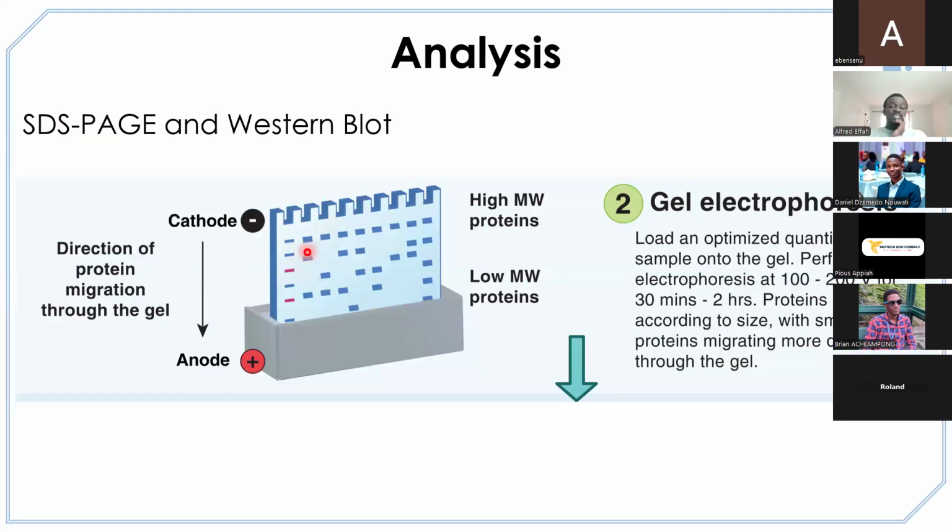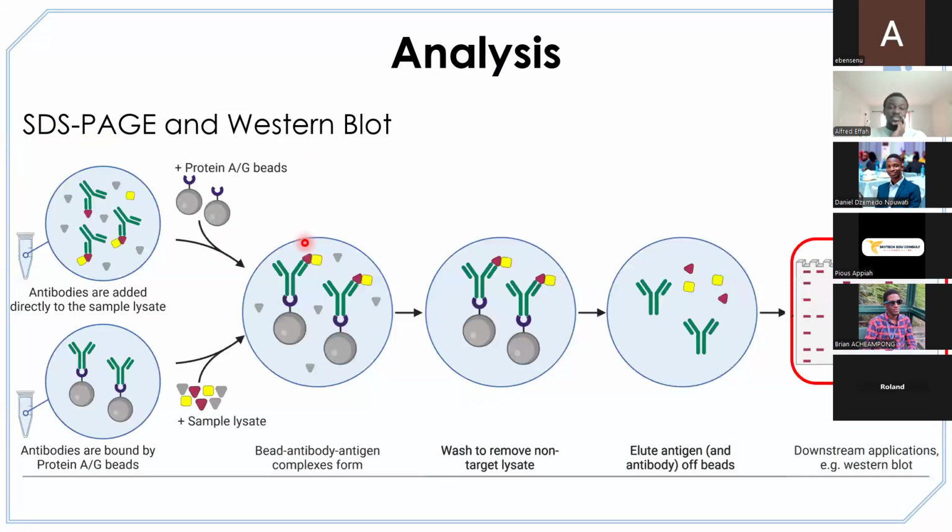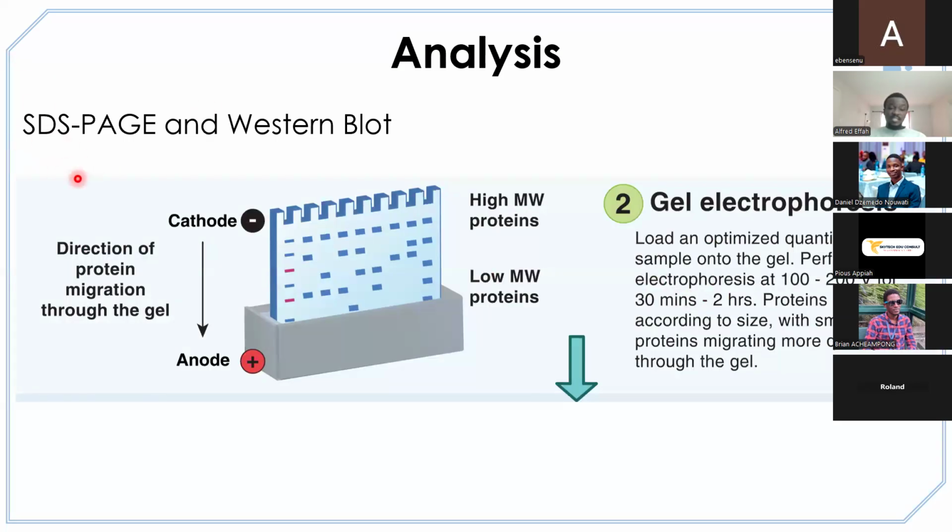Over here, we are no more interested in the interaction because we have everything here. All we want is to separate them according to their size. So we can use any buffer that can help the proteins to separate according to their sizes. So here we can use SDS. SDS confers negative charge to all your proteins so that we can load them into a gel.